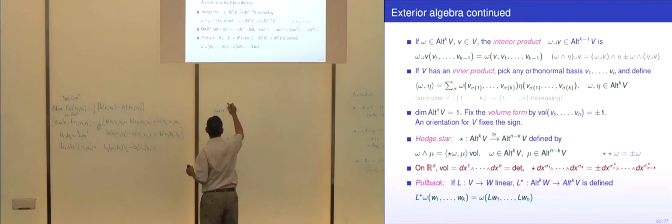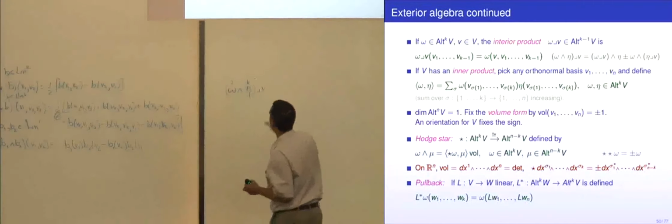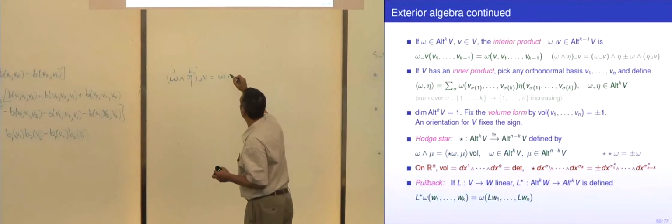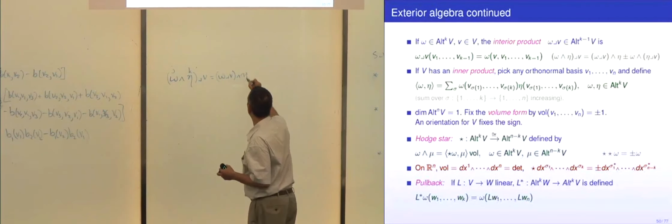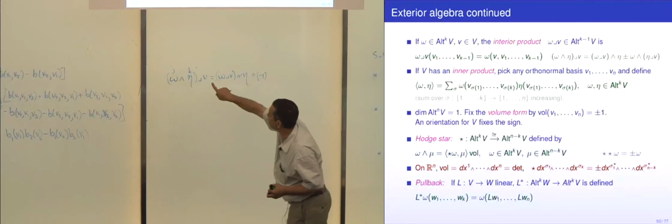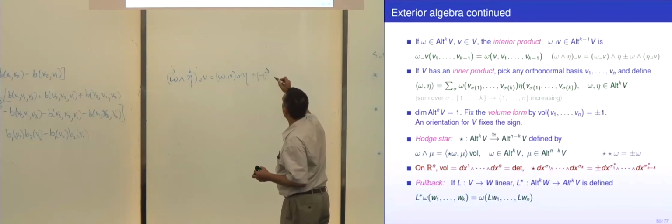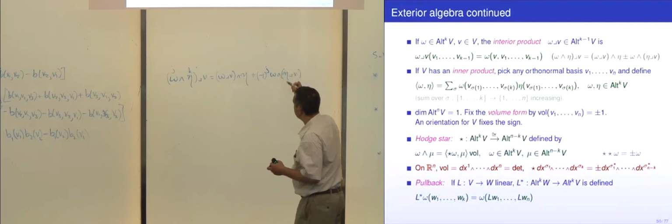If we take a J form and a K form and contract with a vector V, that's the contraction of the J form with V, wedge the K form, plus -1 to the J, because you had to move the contraction past J things, and so you get omega wedge eta contracted with V.